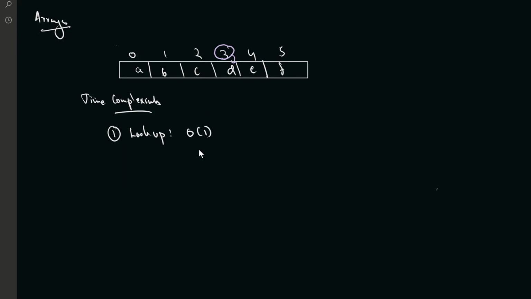Now let's say you don't know the address. Means you want to find the element D, but you don't know the address of that element. So in order to do that, the pointer will first go to the address 0 and check whether D is inside or not.